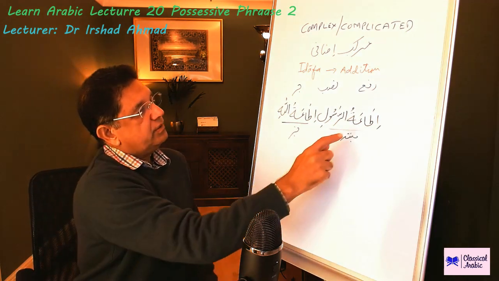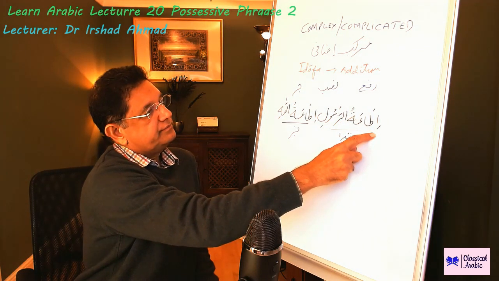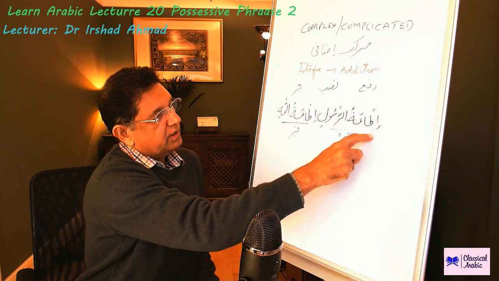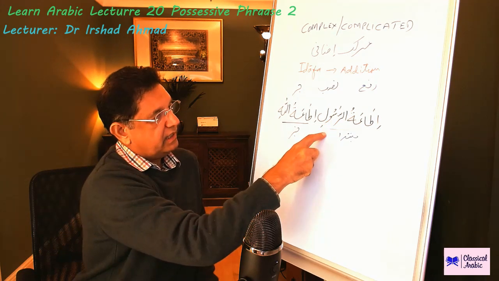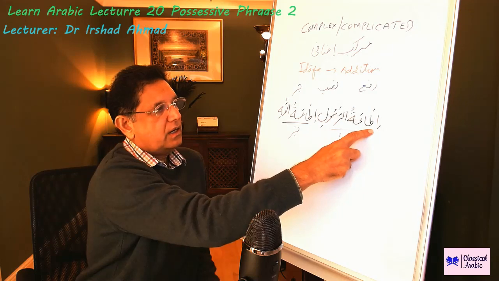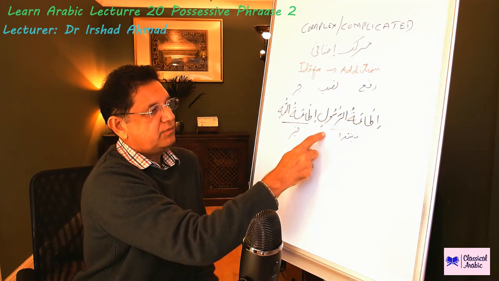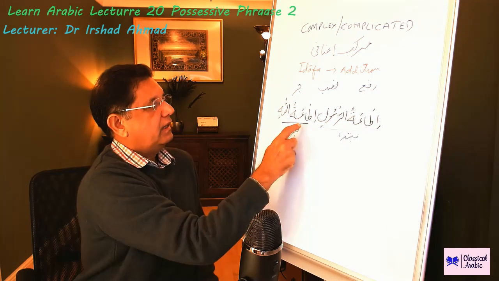Now we know that when mudaf is linked to a definite mudaf ilayh, this is considered to be definite. So ita'atu here is definite because it is attributed to a definite mudaf ilayh. And the same is here.